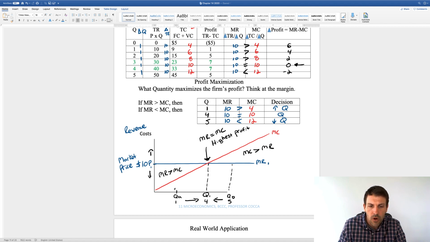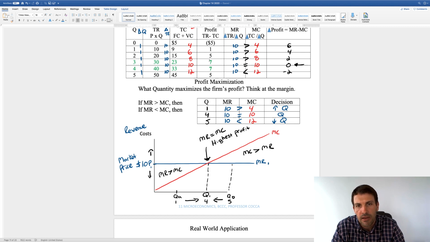So if you produce one quantity here, that's at this point over here where marginal cost is less than marginal revenue. So marginal revenue is greater than marginal cost. So if that's the case for this business, you want to increase quantity. You want to keep increasing quantity until you get to that equilibrium, all right, where marginal revenue equals marginal cost. Again, that quantity here is 4, and if we look up here, the profit would be $7.